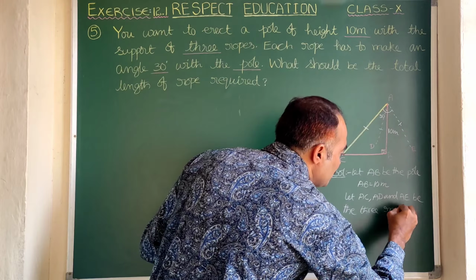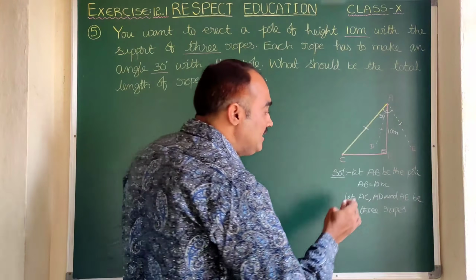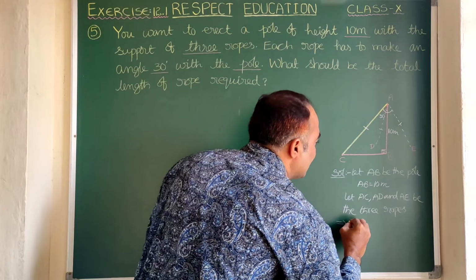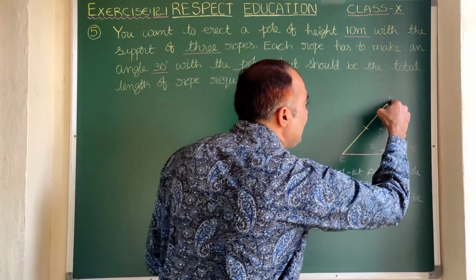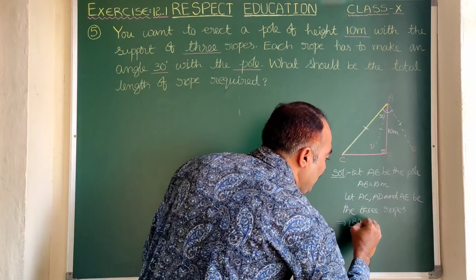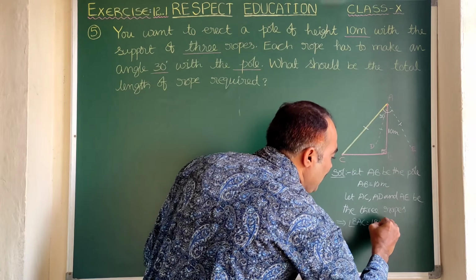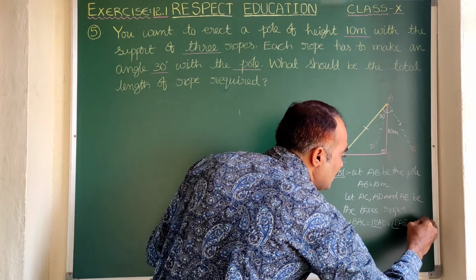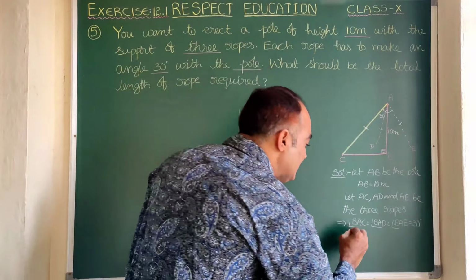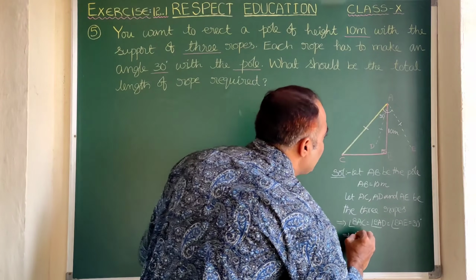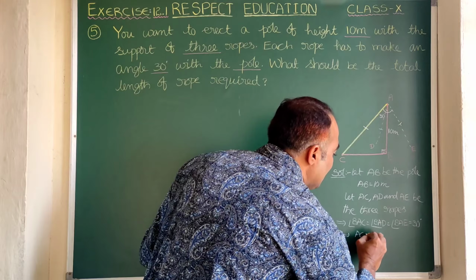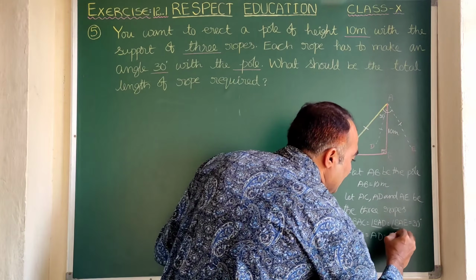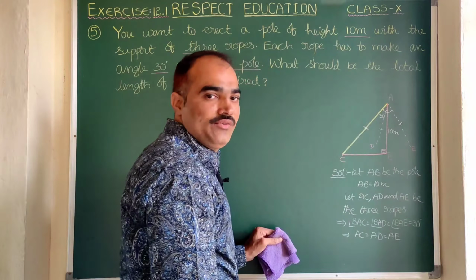They make 30 degrees with the pole. That means angle BAC, angle BAD, angle BAE, each is equal to 30 degrees. That is the reason we can say that the lengths of the ropes AC, AD and AE, all the 3 are equal.